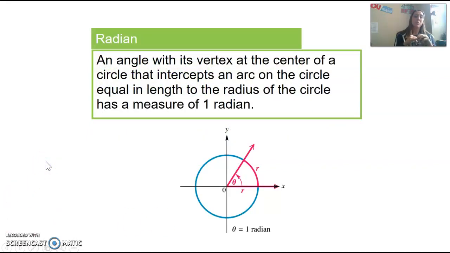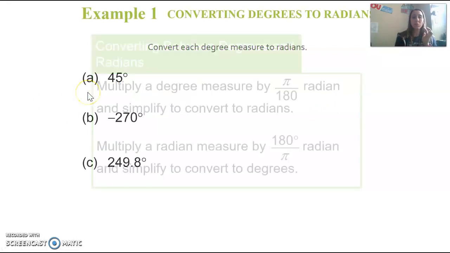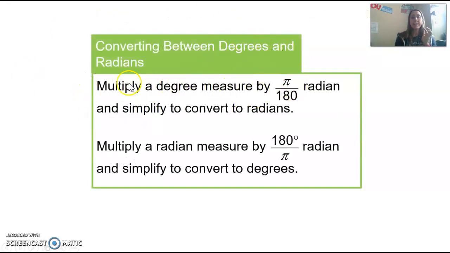All right, so this is the definition of a radian. So go ahead and put this in your notes. You can hit pause right here to put this in your notes. And then to convert between degrees and radians, this part right here, if we are going from degrees to radians, this is what we're going to do.